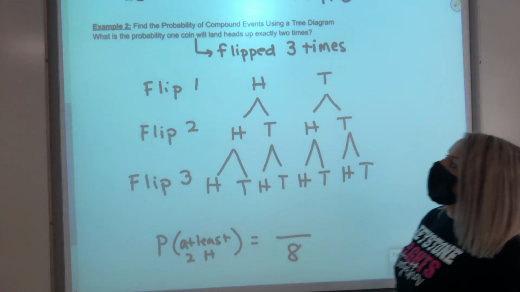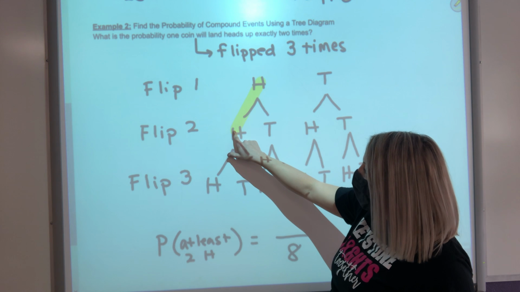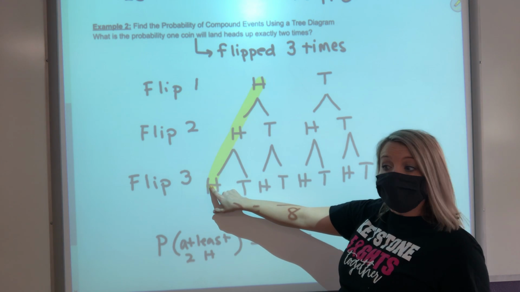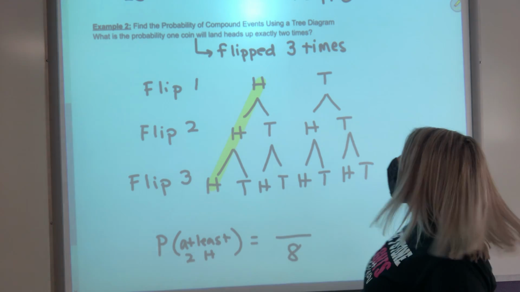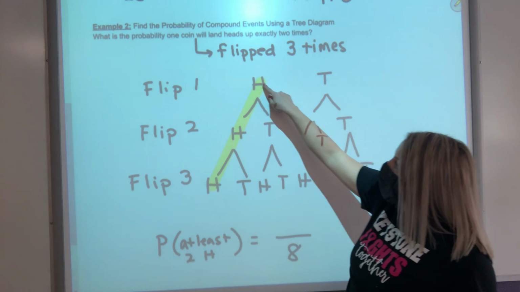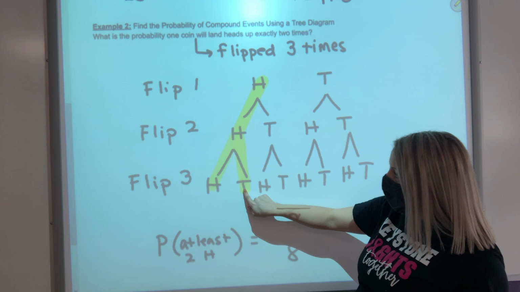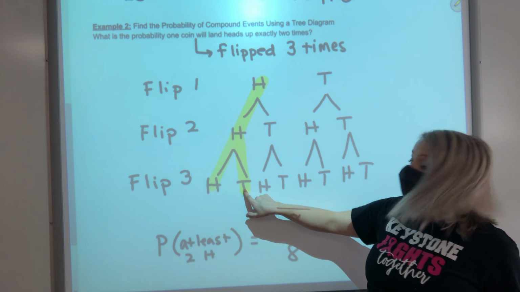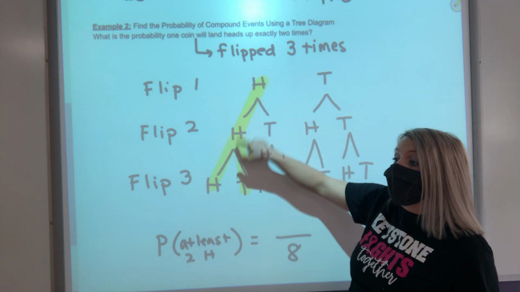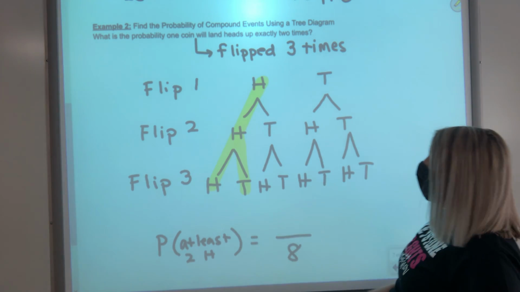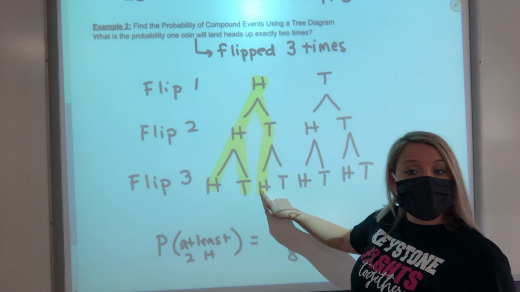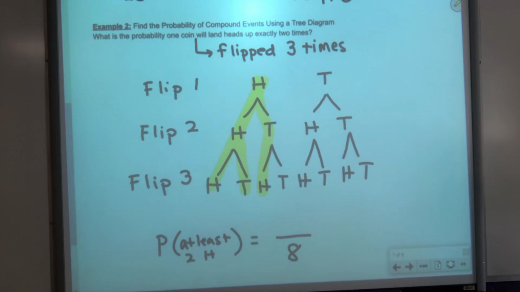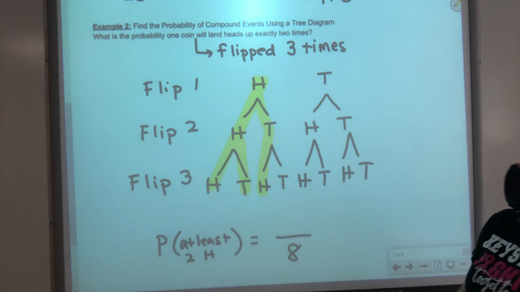Okay. So what about our first one? Heads, heads, heads. Does that work? Yes. Because that's at least 2, right? Okay. Now this one is heads, heads, tails. That still works because it says at least 2. Heads, tails, heads works, right? Wait, isn't it exactly 2 times? No, it can be at least.